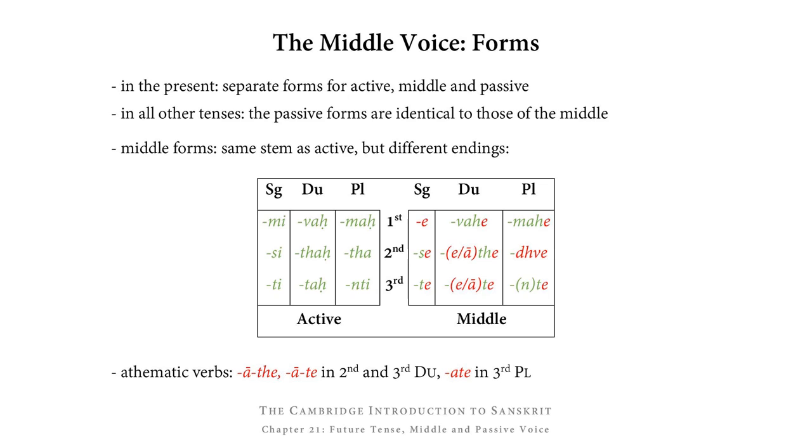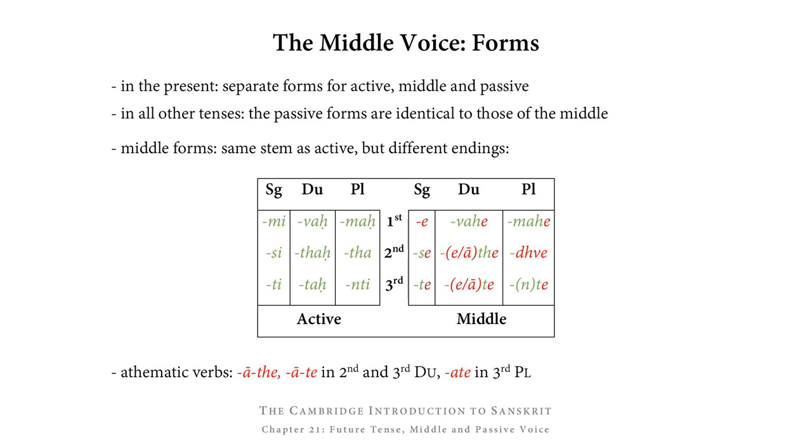Then second and third dual, we again have forms that are very similar to each other, with the only difference being that the second dual form involves an aspirated t, whereas in that same place the third person dual form has an unaspirated t. So in the active we have thah and tah, whereas in the middle we have ethe and ete.